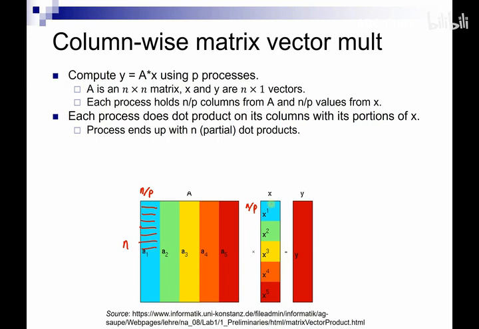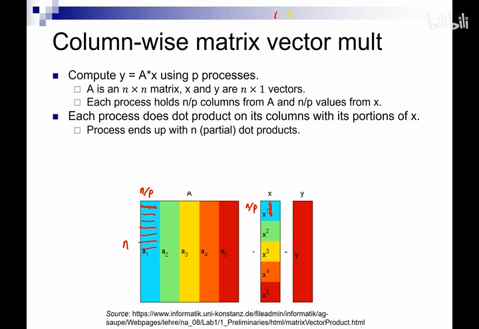The first process also has n divided by p values of x. So what we want to do is take these n divided by p values from the first row and multiply by the n divided by p values from x. We want to do the dot product of that. The dot product just means that we're going to take a bunch of values.